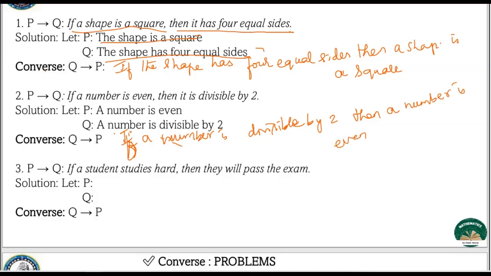Is it clear? Then, if a student studies hard, then they will pass the exam. What will be P and what will be Q? You should leave out if and then, and write P and Q. P, a student studies hard. Q, they will pass the exam.